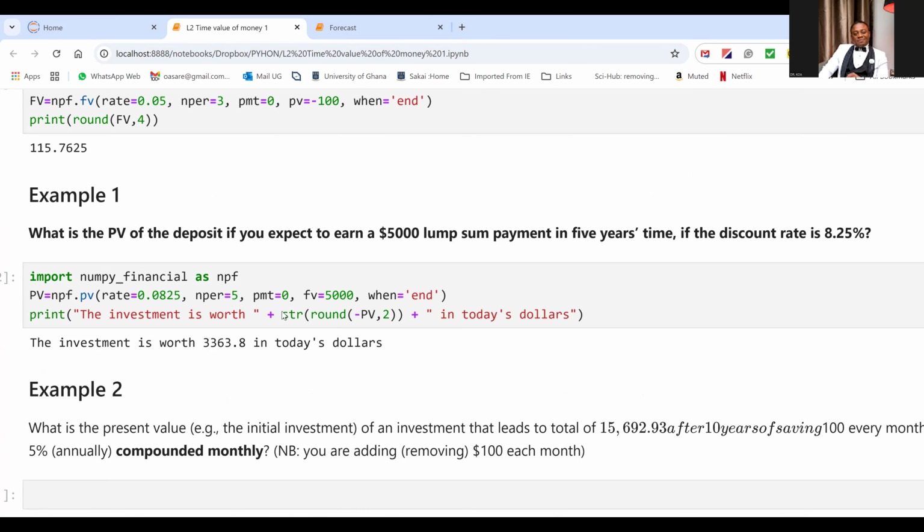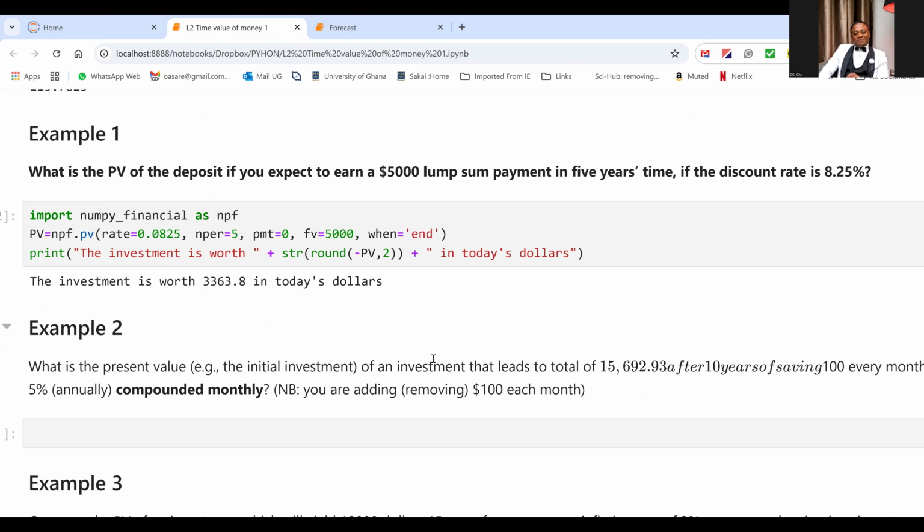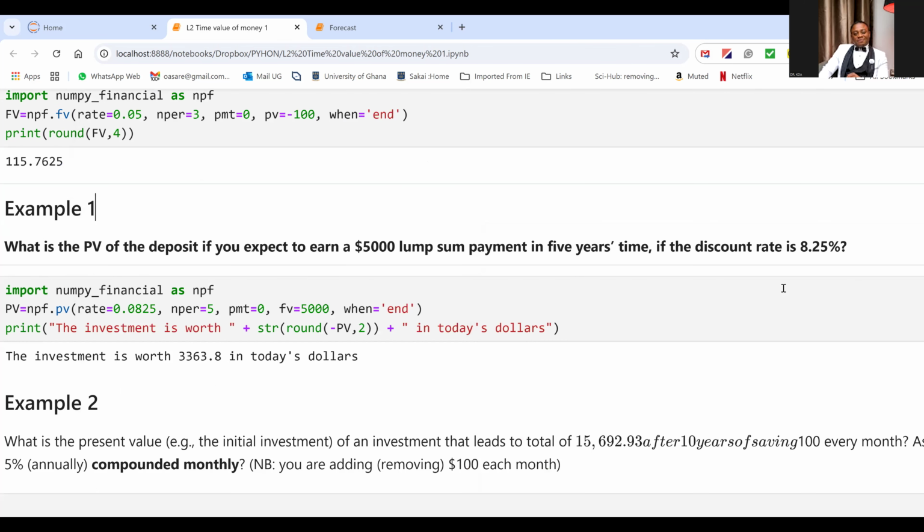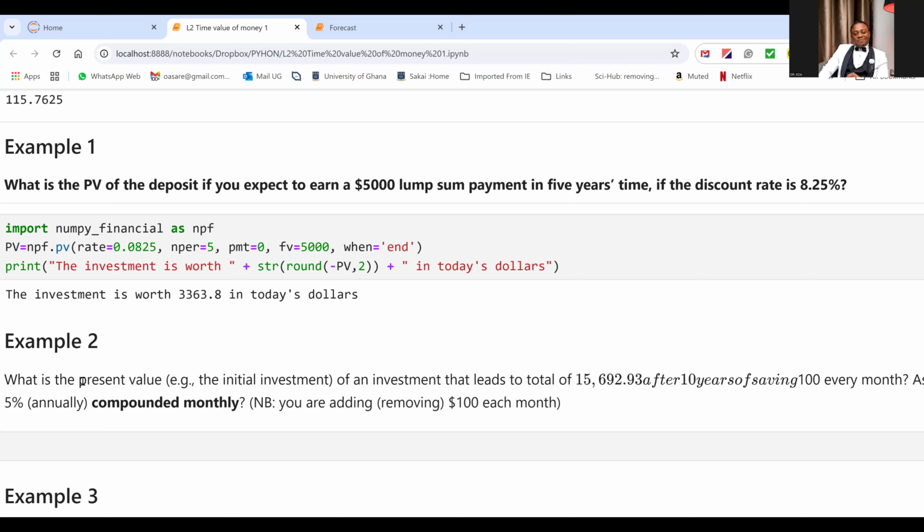All right. Let's go to this example 2. Those first two were trials, but now we go to example 1 and 2. Example 2, what is the present value? And again, you would not always get the word present value. Just take note. That's a tricky part of some questions. What is the initial investment?